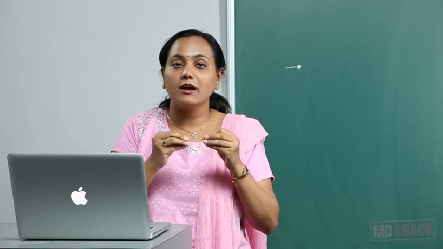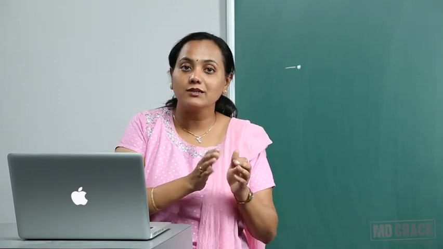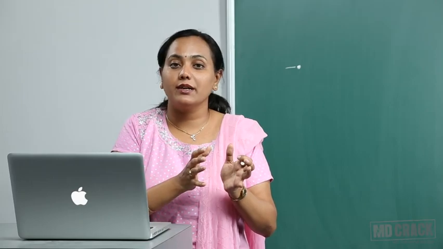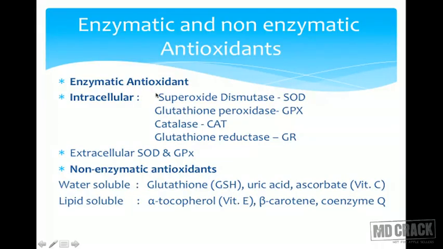So certain enzymes are present in certain locations to prevent ROS damage to that particular organelle. We have the enzymatic antioxidants which are intracellular, including SOD, glutathione peroxidase, catalase, and glutathione reductase. Extracellular antioxidants include SOD and glutathione peroxidase, and the non-enzymatic antioxidants include the water soluble and lipid soluble.